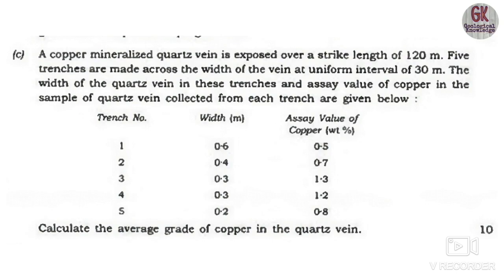The width of the quartz vein in these trenches and the assay value of copper in the samples of the quartz vein, collected from each trench, are given below. So trench numbers 1 to 5, their respective widths and the assay value of copper in weight percentage have been given. You have to calculate the average grade of copper in the quartz vein.